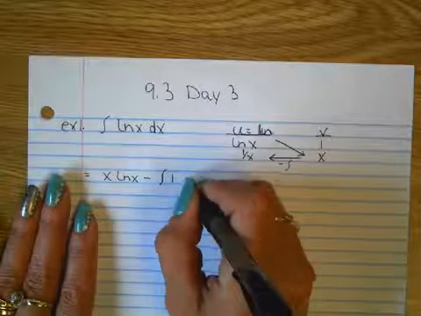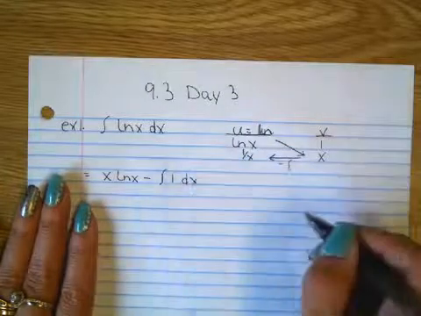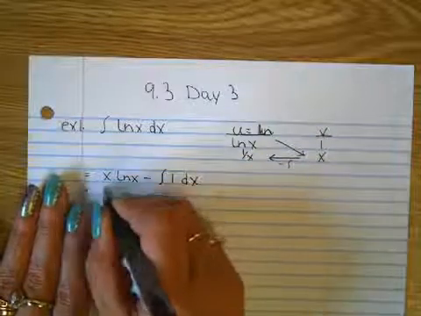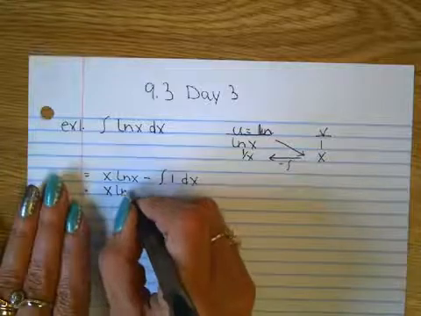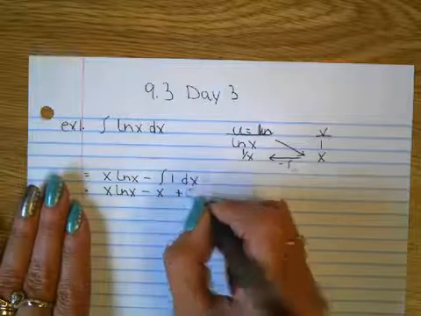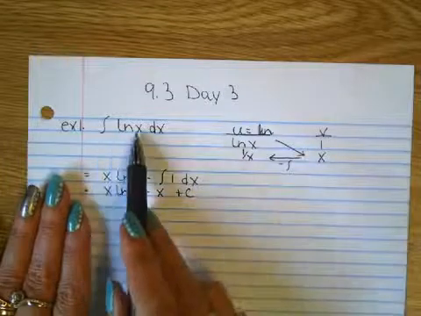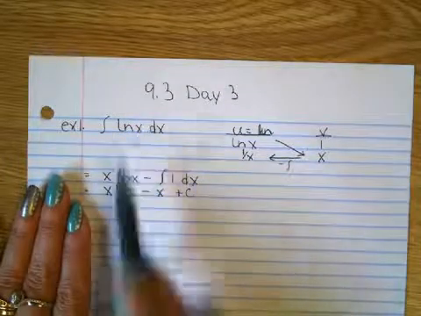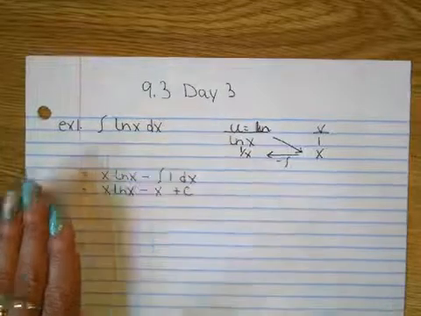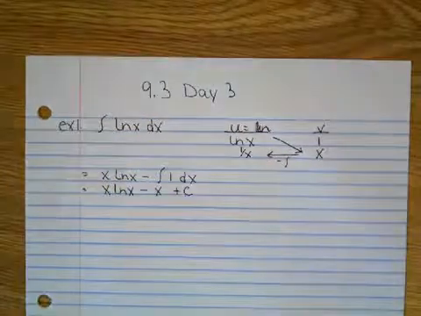We're left with 1 dx. The antiderivative of this is x. So our final answer is that the integral of ln of x is x ln of x minus x plus c. You can go ahead and add that to your blue sheet down in your integration rules.